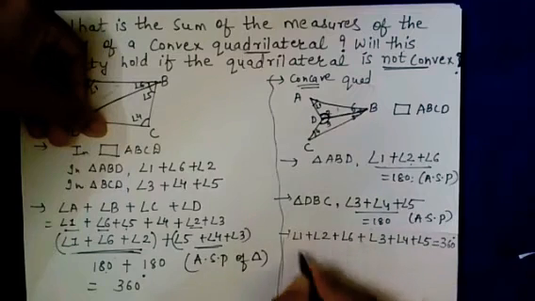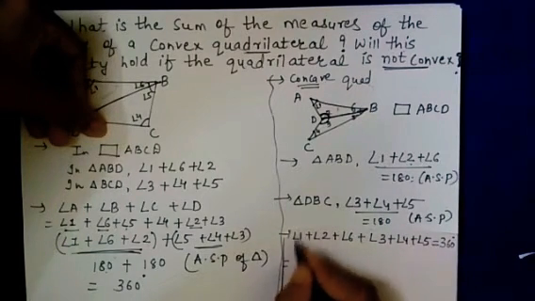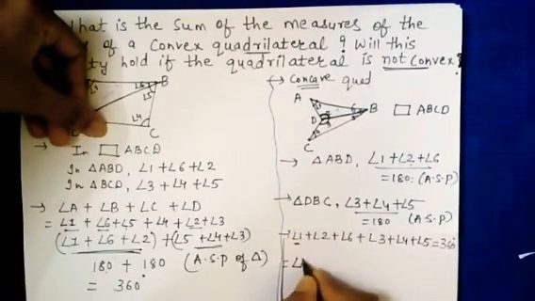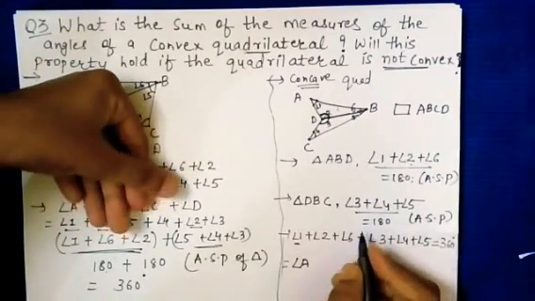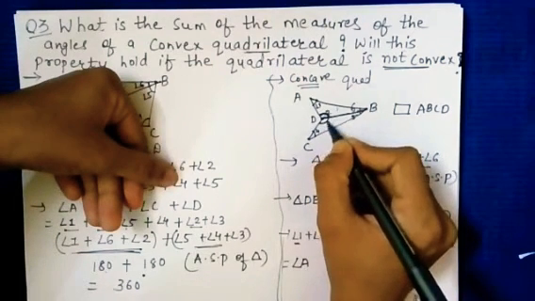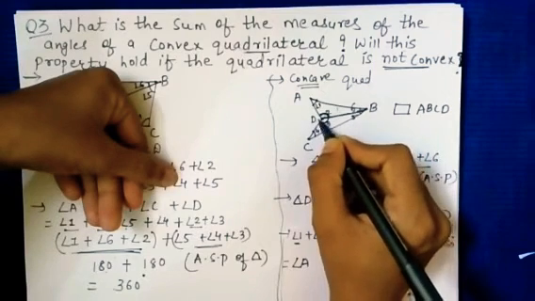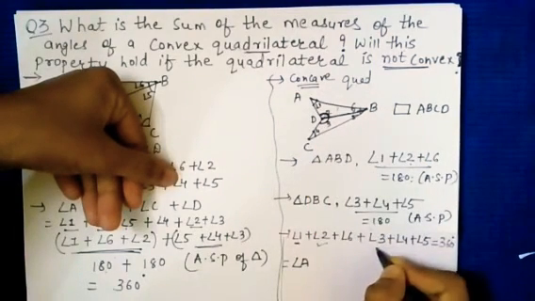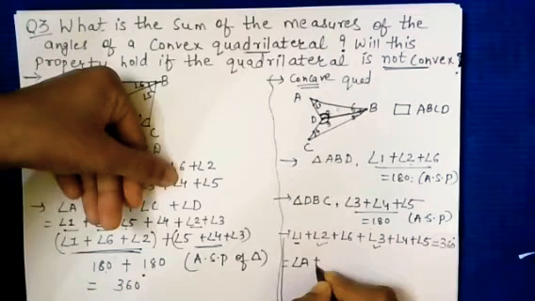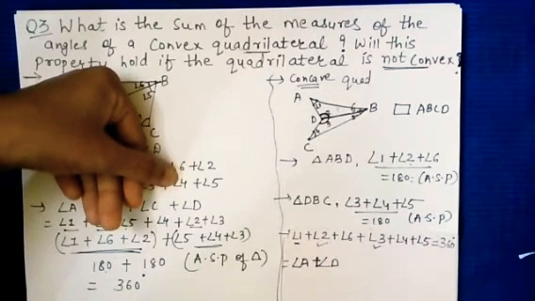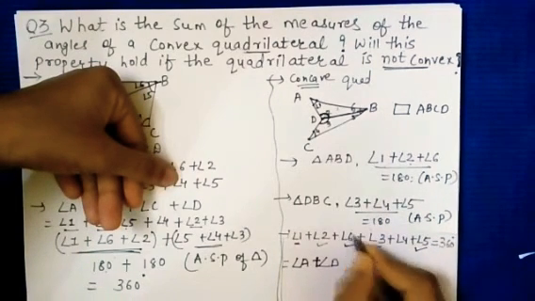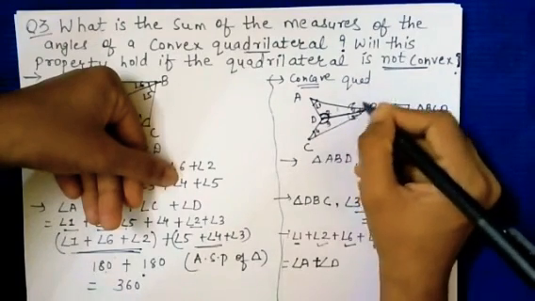Now we will arrange these angles. Our angle 1 is nothing but angle A. So in place of angle 1 we will write angle A. Then angle 2 plus angle 3, these both make angle D. So in place of angle 2 plus angle 3, we will write angle D. Now angle 6 plus angle 5, these both form which angle?